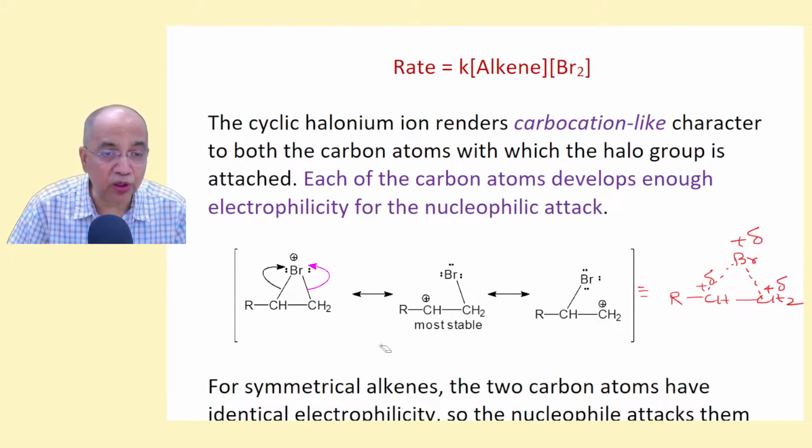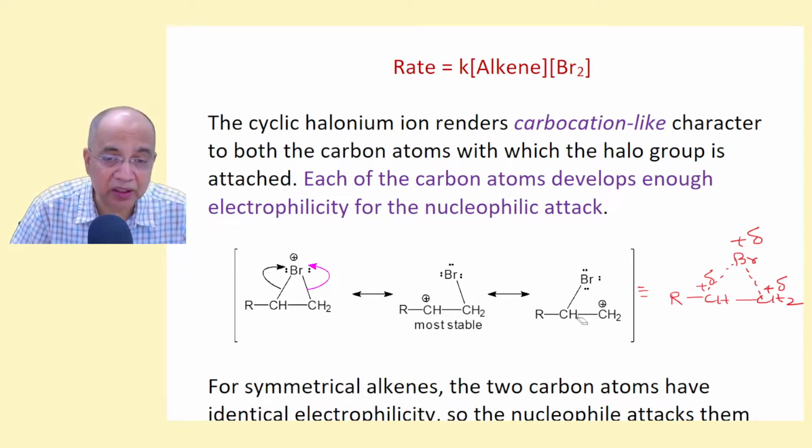Now let me show you the three resonance contributions. One is this, which we have shown, and the other one is this, breaking of this bond so that this positive charge is neutralized and positive charge comes here. The other one, breaking of this bond, positive charge comes here.